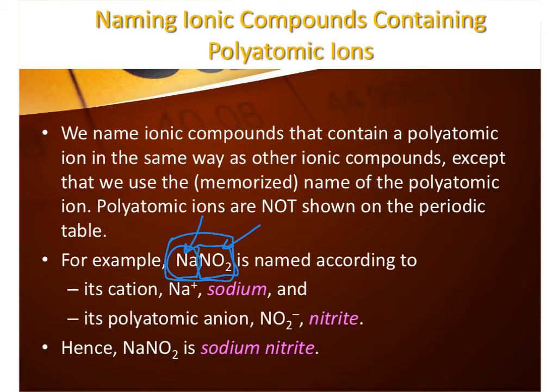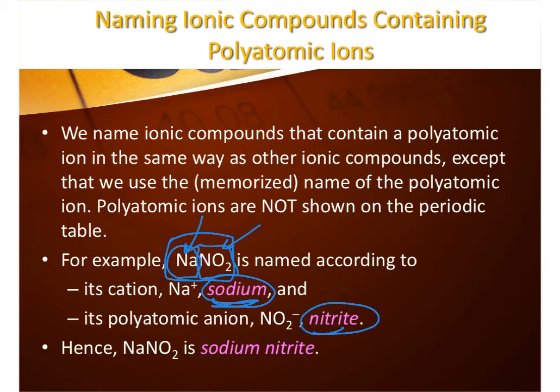So it's a pain to memorize all those polyatomics, but once you memorize them, it's a little bit easier to name than some other ionics. So the name of this, as always, you start with the cation, just give it the element name, sodium, and then it's simply memorizing. So NO2 is called nitrite.